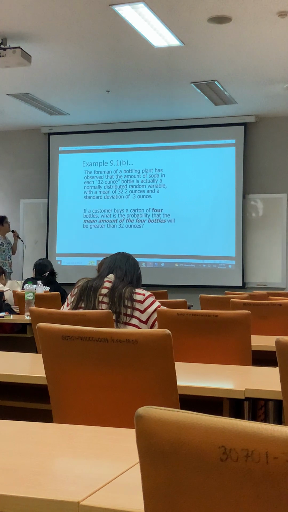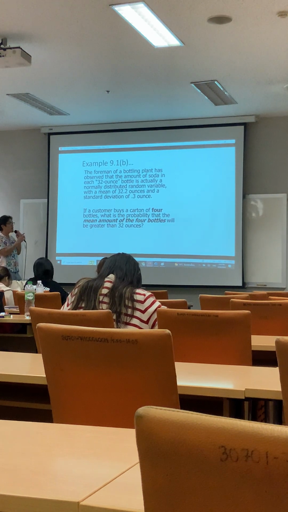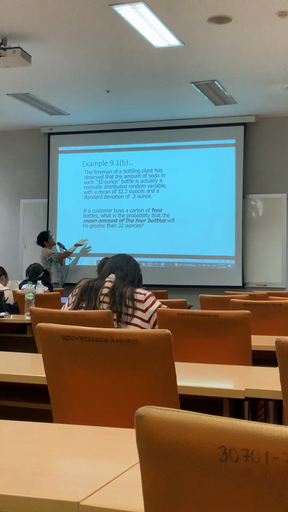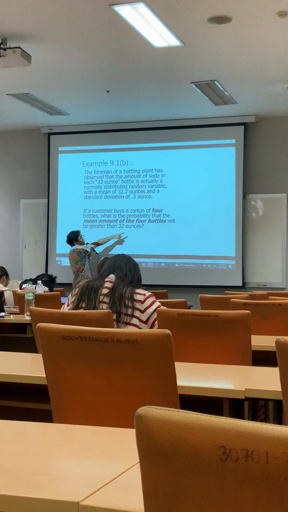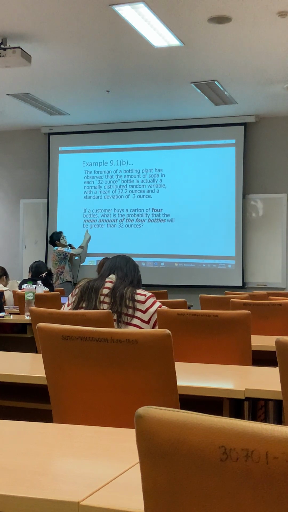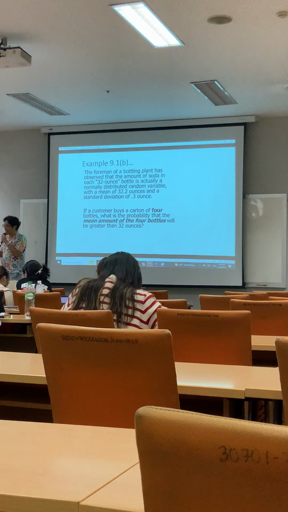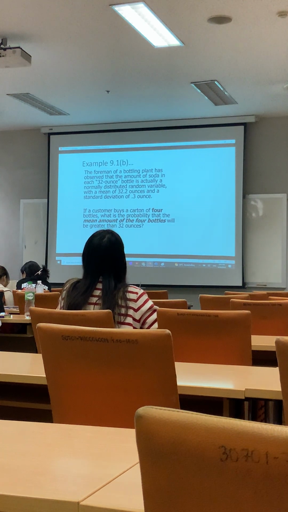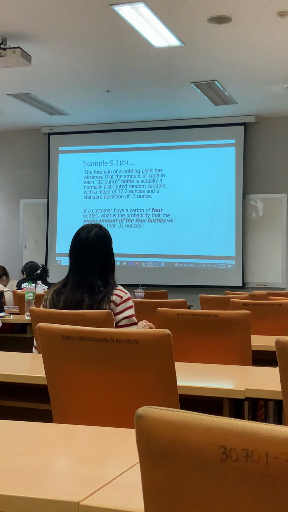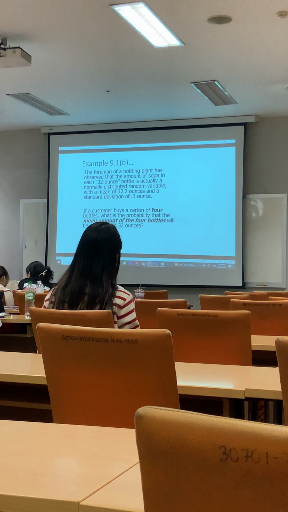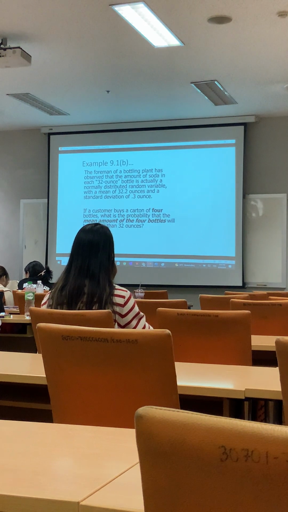If a customer buys not one, but four bottles, what we want to know is, what is the probability that the sample mean of the 4 bottles will be greater than 32? So you can see that now we're not interested in the distribution of Y, but in the distribution of the sample mean, Y bar, when n is 4.